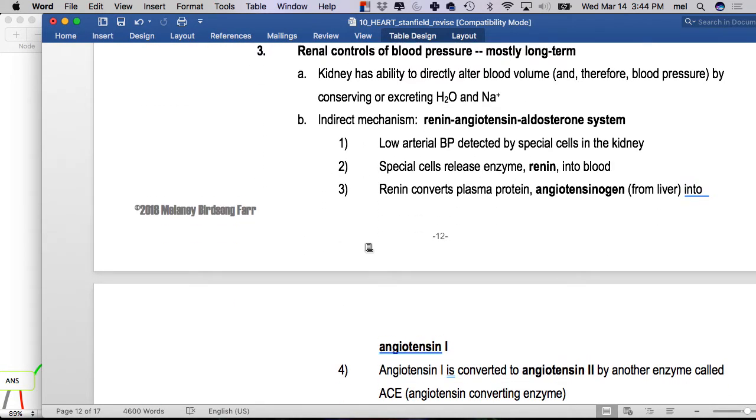Ready? Okay. So the renal controls of blood pressure are way slower than heart control or vessel control of blood pressure. Let's say I'm sitting here and my blood pressure is too low. My heart can help me pretty quickly and my vessels can constrict pretty quickly. But how quickly am I going to be able to retain enough fluid to increase my blood pressure?